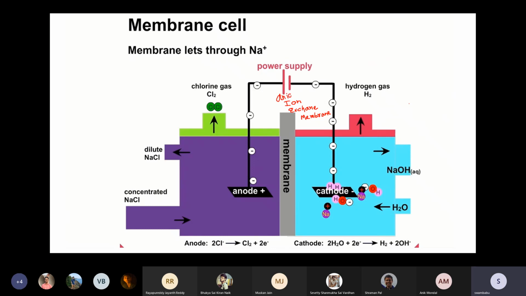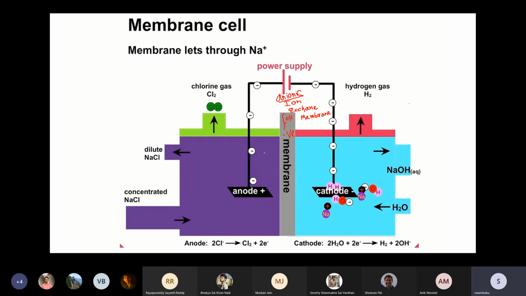There are two types of ion exchange membranes: cationic membranes and anionic membranes. This one is fully negatively charged. If you take this polymer chain membrane, there are fully hydroxyl groups there, so it is negatively charged. I just gave hydroxyl, but there are other functional groups that can also be negatively charged.